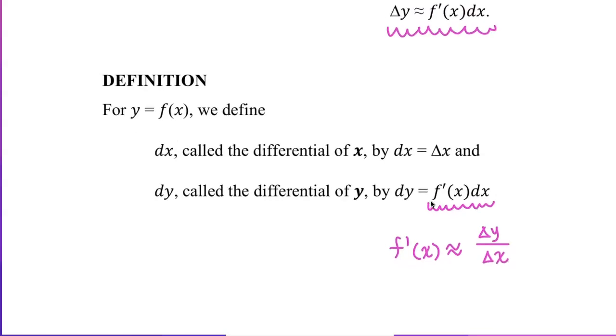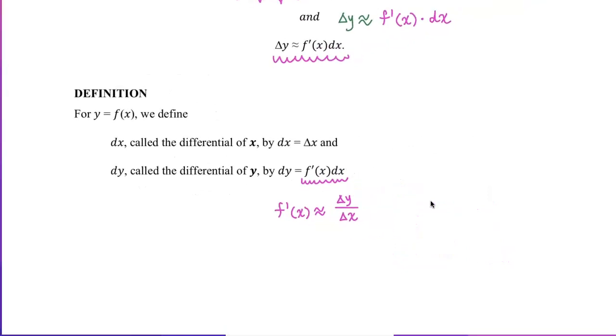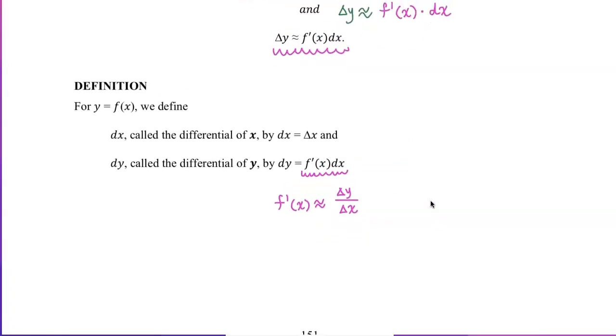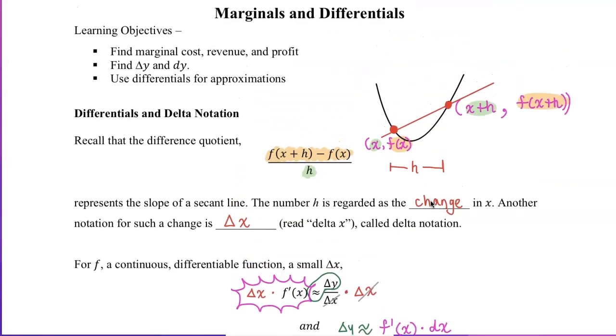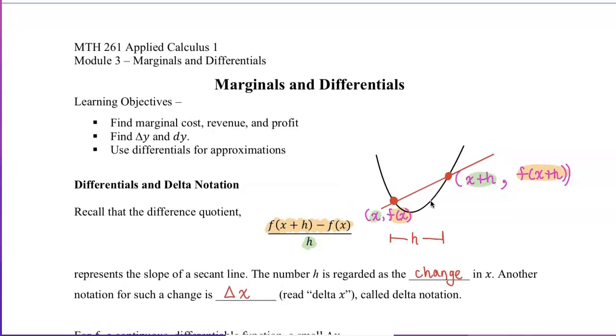So nothing much right now, but we will do some problems involving these changes in x and changes in y, building on what we already talked about in chapter 1. So that's what we're doing in this section.